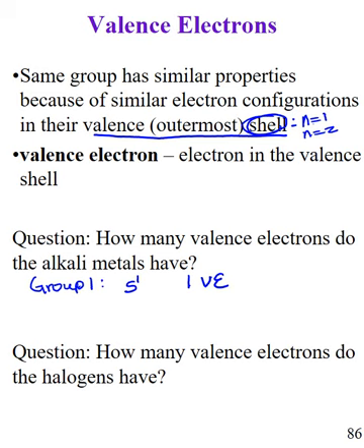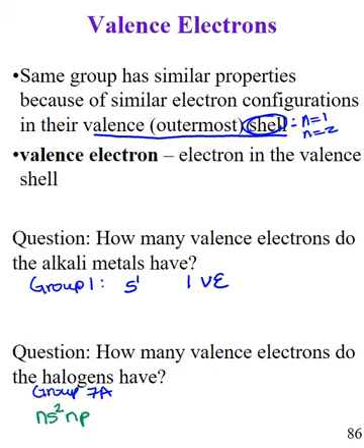How many valence electrons do the halogens have? Okay, halogens are in what group? They're going to be in group 7A. Okay, so you have n, and so that's your shell. It could be 1, 2, whatever. ns2, because you have to fill that subshell, the s subshell, and then you can go to the next block, which would be the p.